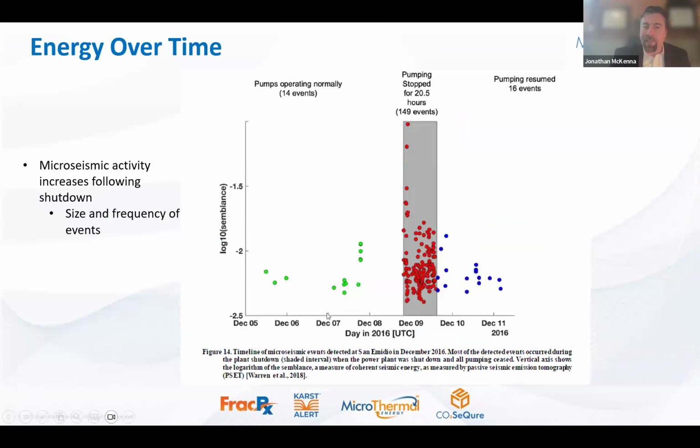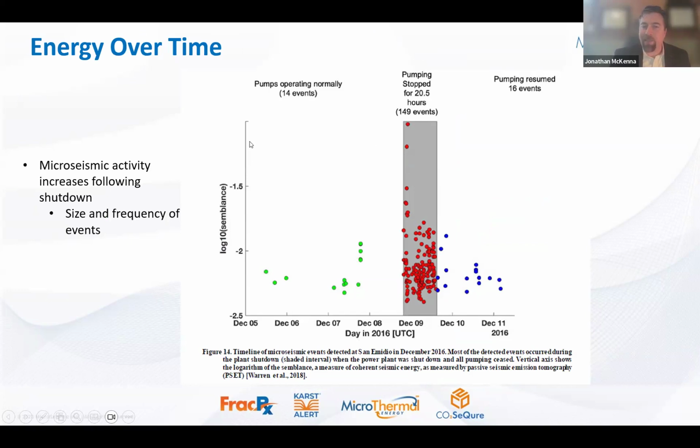In this case, we were monitoring for events from December 5th through December 11th of 2016. We saw events occurring in this magnitude region. And then right around this time period, we see a lot more events occurring and even much higher magnitude events.